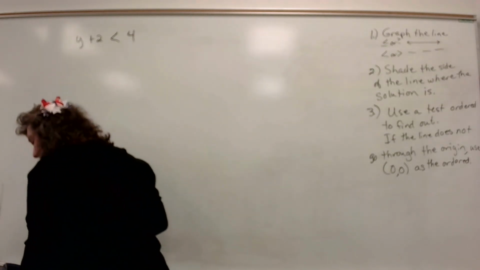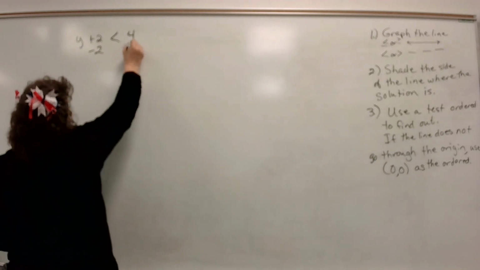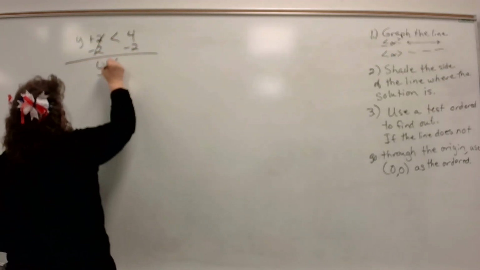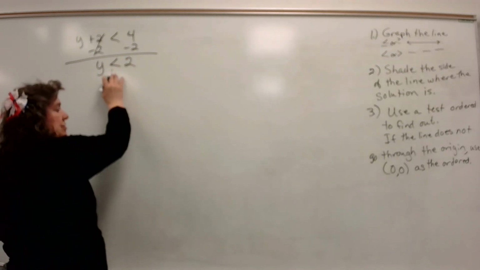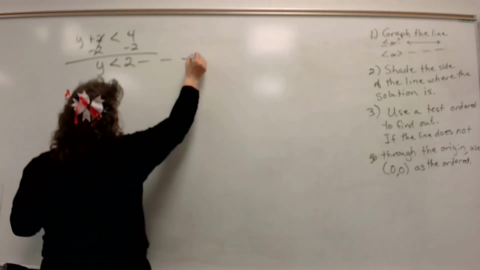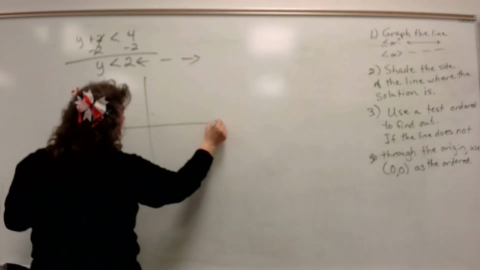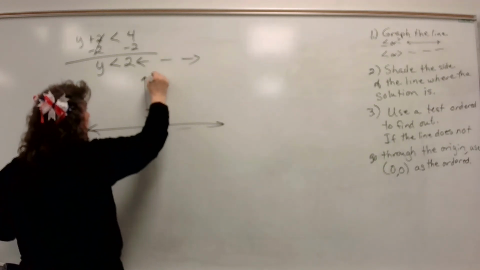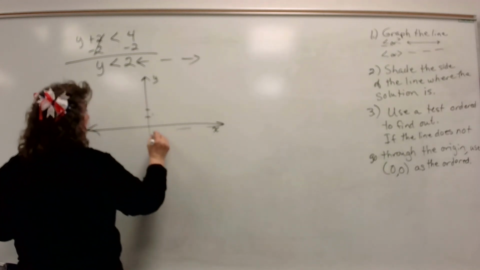Okay, the first step is to solve for your y again. There's no x's here, so there's only one variable. y is less than 2. Okay, again, dashed or solid line, dashed line. And now our graph.